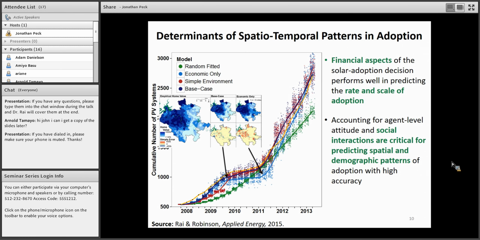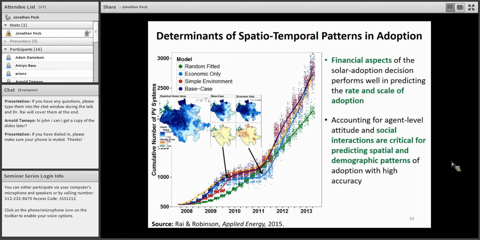And what you see in the economic only scenario is a lot more red spots, showing a lot more error in terms of spatial prediction ability. And this is another way of showing that not only at the very individual level is this information and social effect important, but it actually does aggregate up and make an impact on the spatiotemporal patterns of adoption of solar systems.